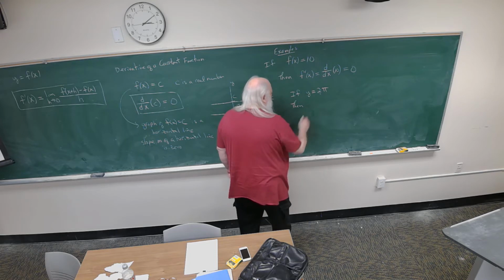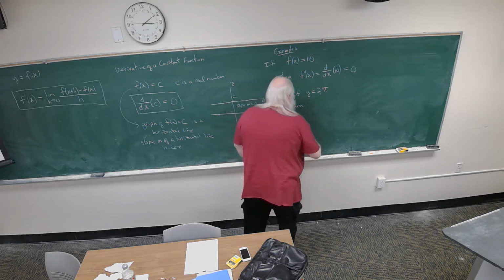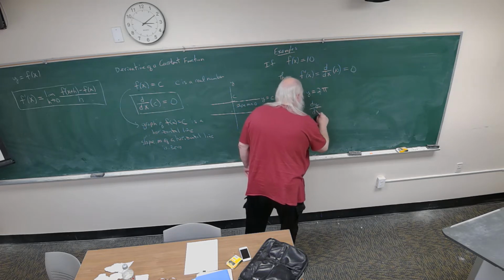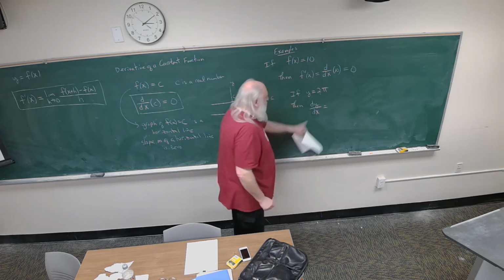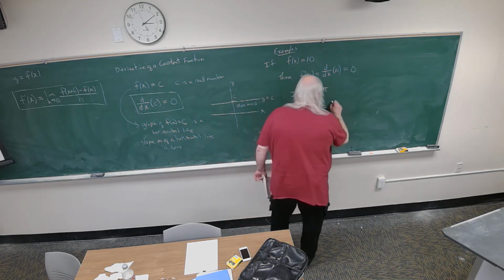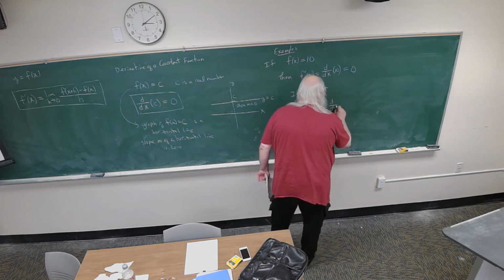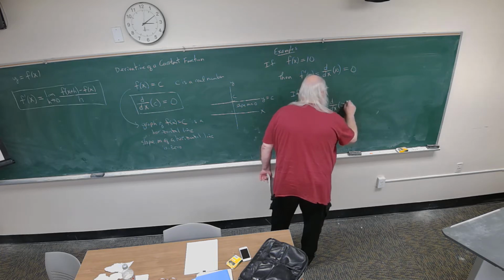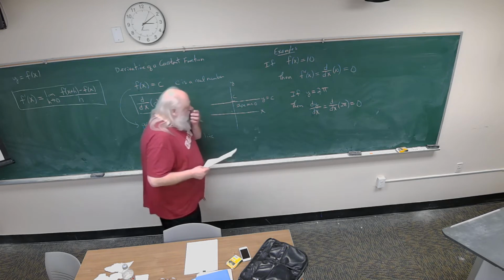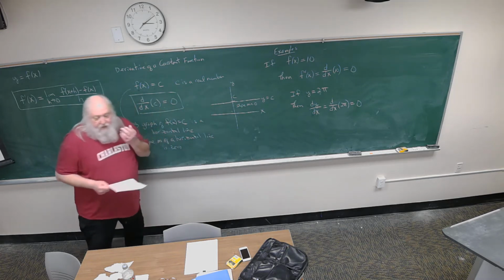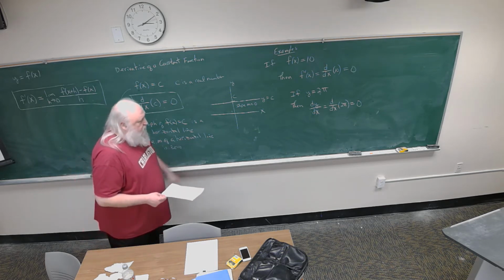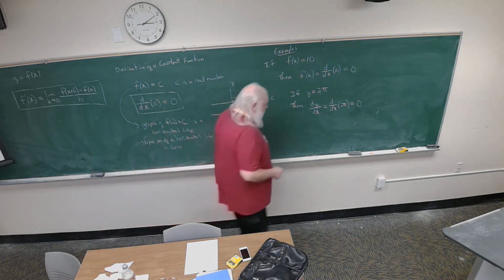So if y is equal to 2 pi, then, using Leibniz notation, the derivative of y with respect to x is equal to the derivative of 2 pi with respect to x, which is equal to 0. So the derivative of a constant, with respect to whatever variable, is always equal to 0.